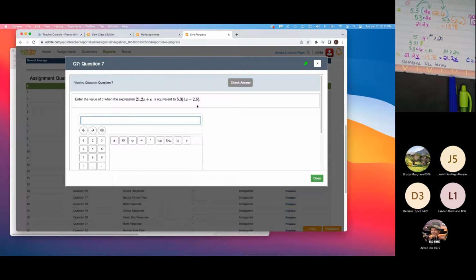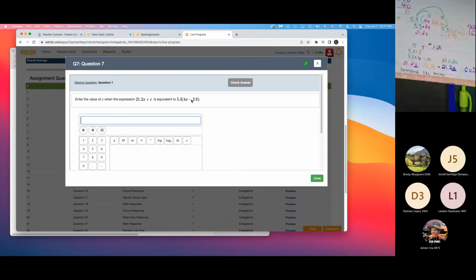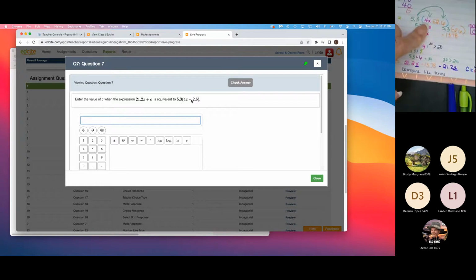We have minus 2.6, right? 5.3 times the parentheses, 4x minus 2.6. Yeah, so that gave us our negative. That's 4x minus 2.6, like subtracting. So if I have 4x, that means the 4 has a variable attached. That's why I said we need to combine like terms. There's no math that we can do with our 4x minus 2.6.